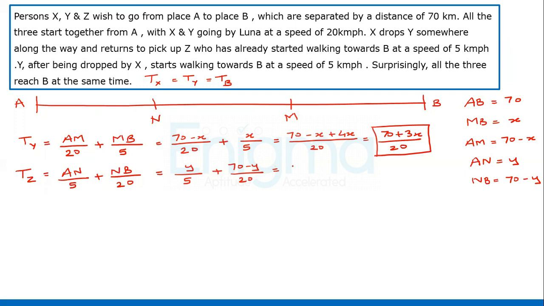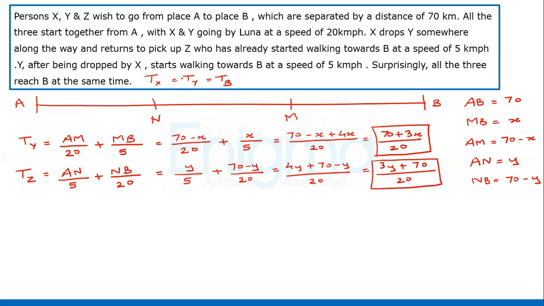So this becomes 4y plus 70 minus y upon 20. So we get here 4y minus y, that is 3y plus 70 upon 20.